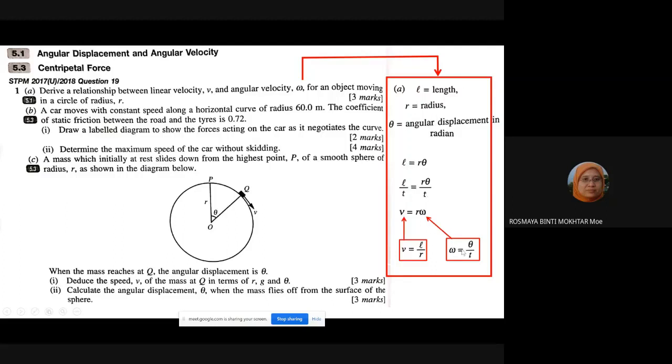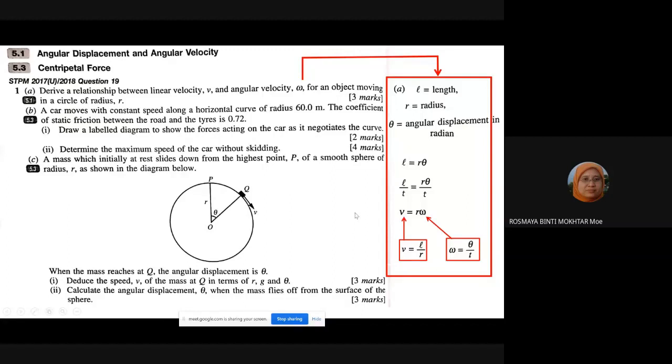Angular velocity equals angular displacement divided by time. So we substitute into here, and we get V equals R omega. So this is the answer. The question said derive the relationship between V, omega and R, so all are here. That's question 1A. Okay, understand?